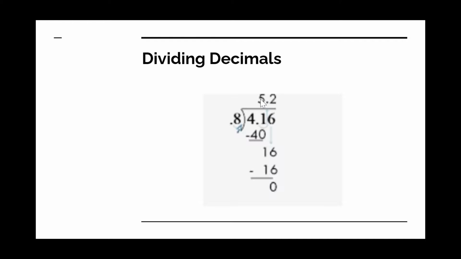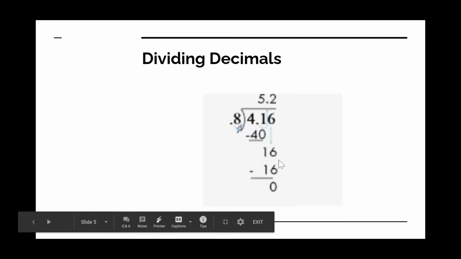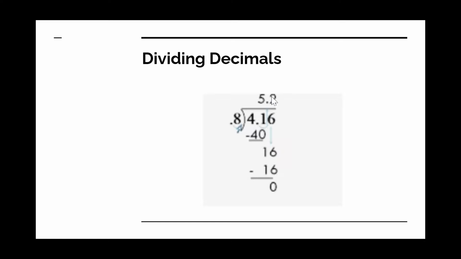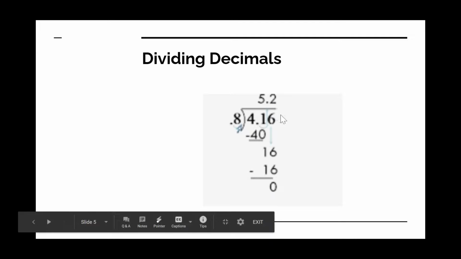So you're going to put it right above the 40 or whatever number, okay? You're not going to put it anywhere else because you're only multiplying to get to that number. And then obviously put your decimal here, and then 8 times 2 you're dividing to get to the number over here, so you would put your number right above, and then 5.2 is your answer.